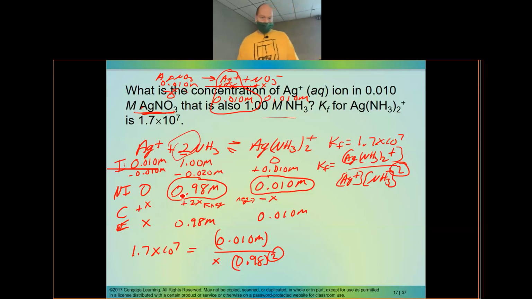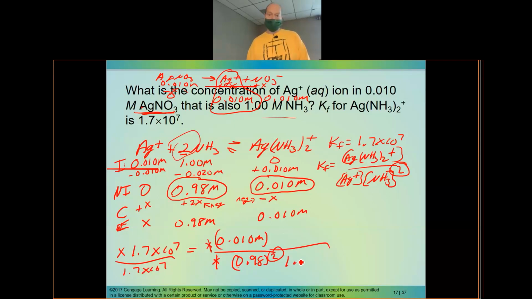All right, so to solve this, we multiply both sides by X, in order to have X in the numerator, cancel the X in the denominator. Then we divide both sides by 1.7 times 10 to the 7th. And now we have our answer for X. So 0.01 divided by 0.98 squared, and also divided by the 1.7 times 10 to the 7th.